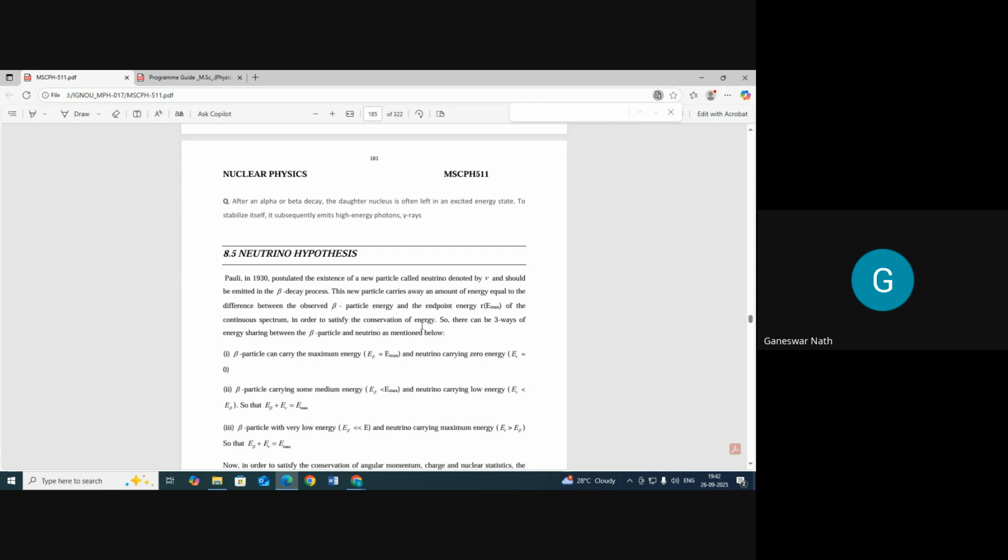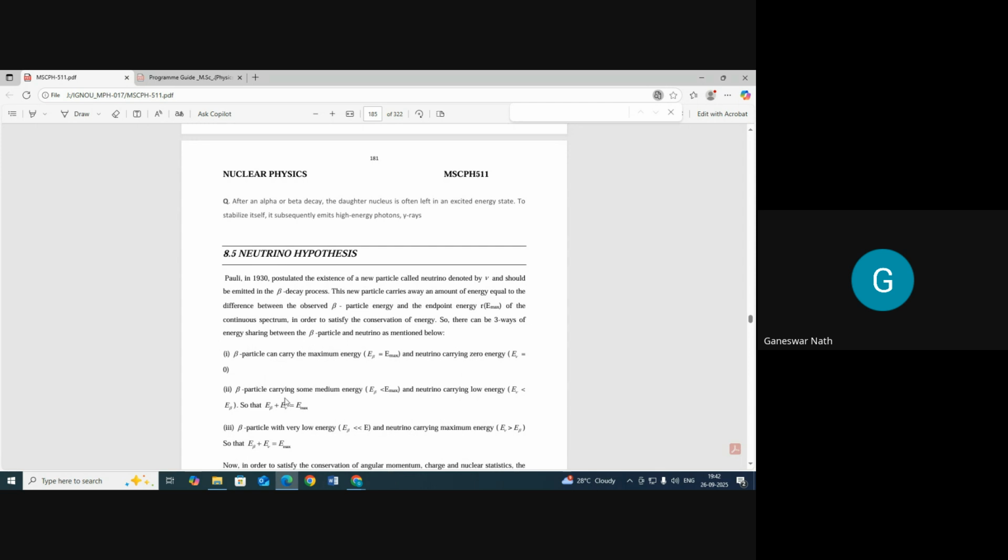This new particle carries away an amount of energy equal to the difference between the observed beta particle energy and the endpoint energy of the continuous spectrum, in order to satisfy the conservation of energy. So there can be three ways of energy sharing between the beta particle and the neutrino, as mentioned below. The beta particle can have the maximum energy, E max, and the neutrino zero energy.